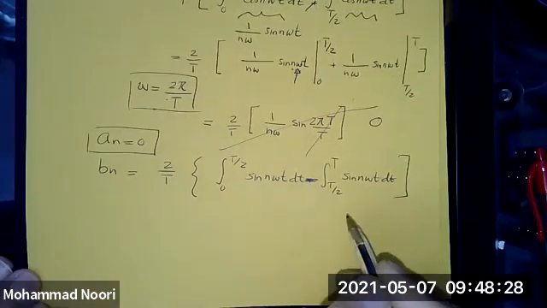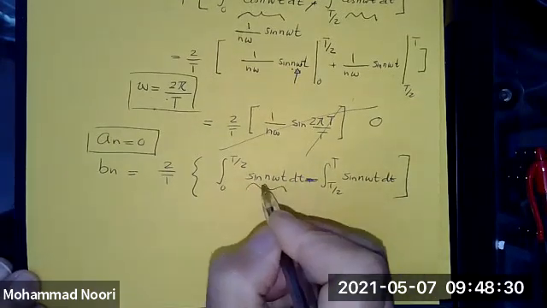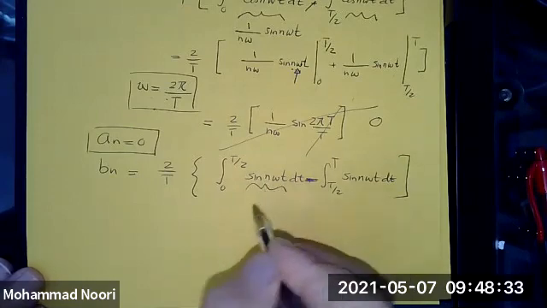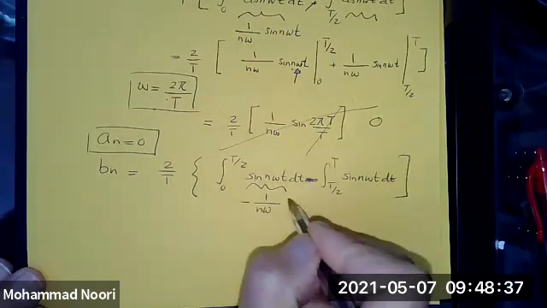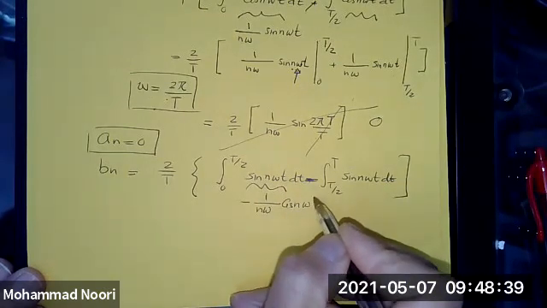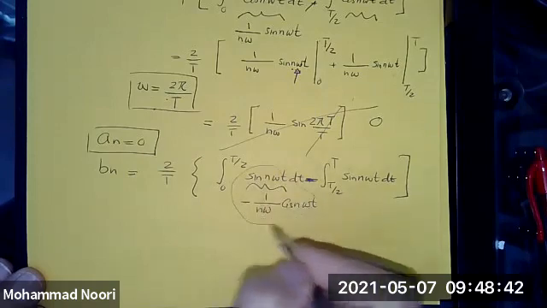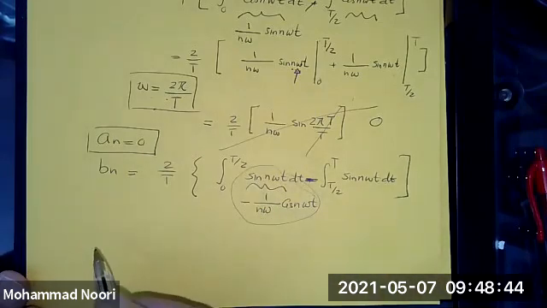So we need to perform this integration. The integral of sine n omega t is -1 over n omega cosine n omega t. So that's the integral for that function.